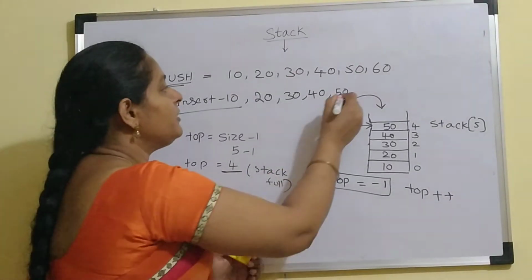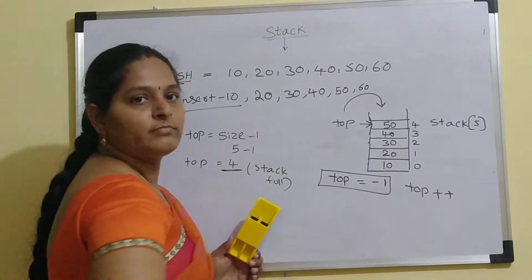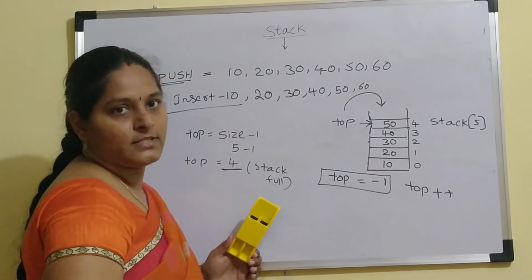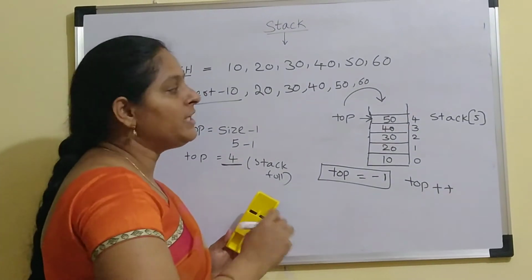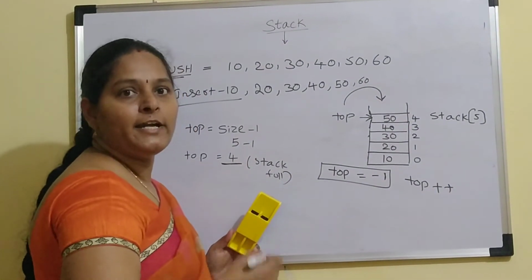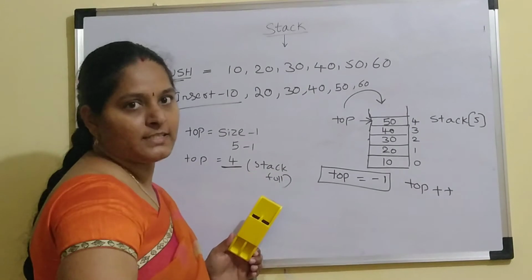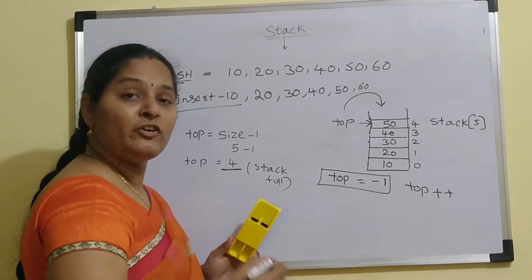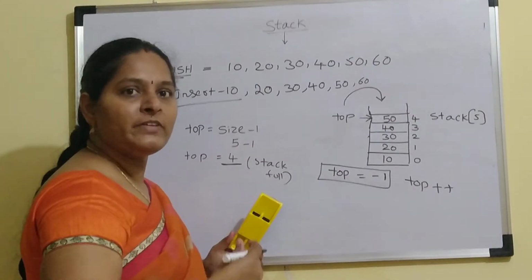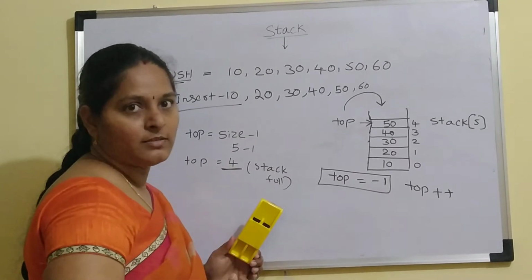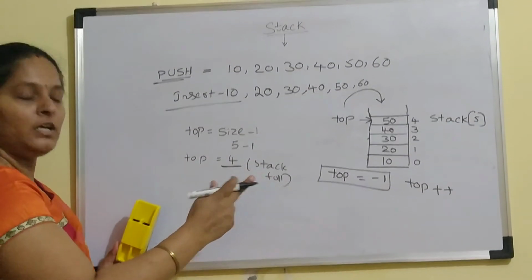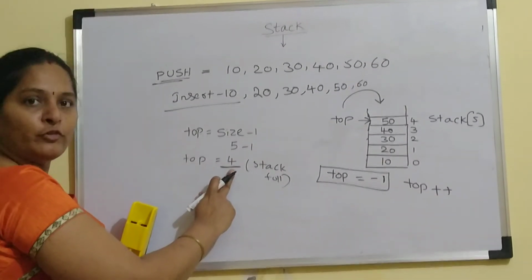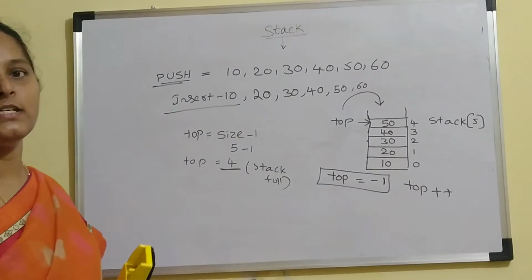Right? Now try to insert 60. Now increment the top pointer by 1. If you increment the top pointer by 1, it reaches the 5th index. Right? But every time before inserting, we need to check whether the stack is full or not. Whenever the top pointer is pointing to 4, that indicates that the stack is full.